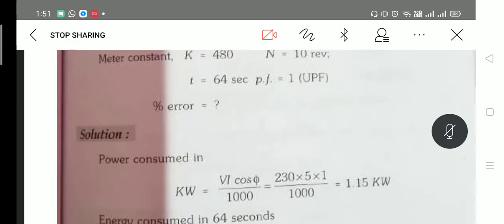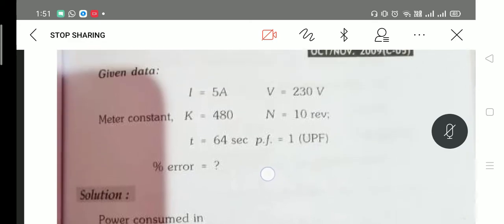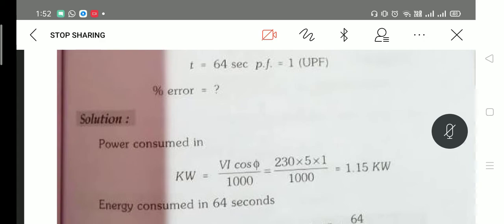Okay, these are the values given. So first calculate the power consumed in a machine. So VI cos phi by 1000. We have it in kilowatts, so we take the value by 1000.